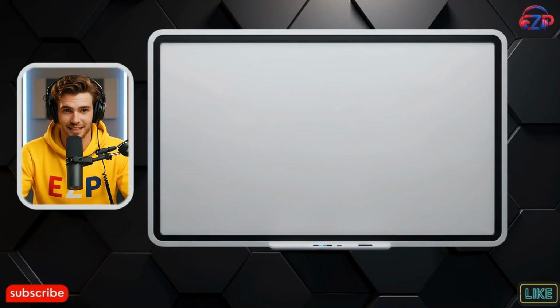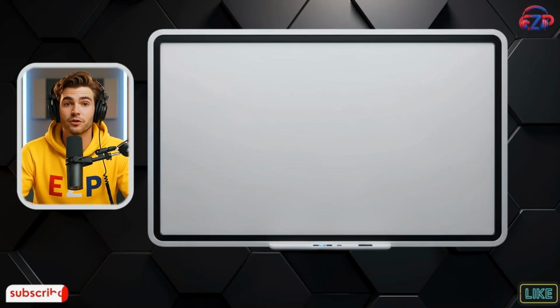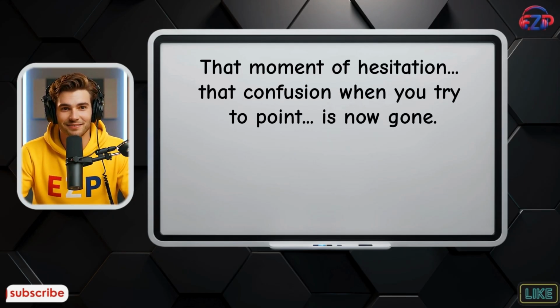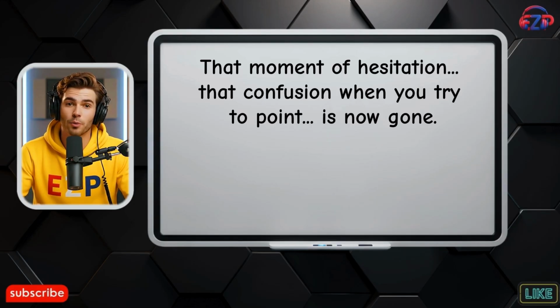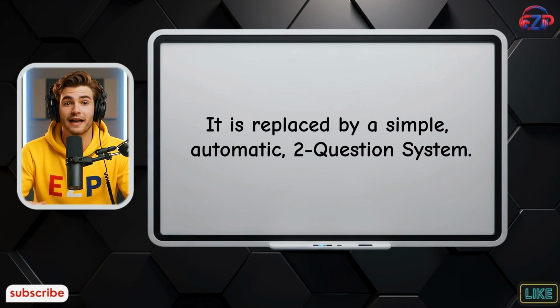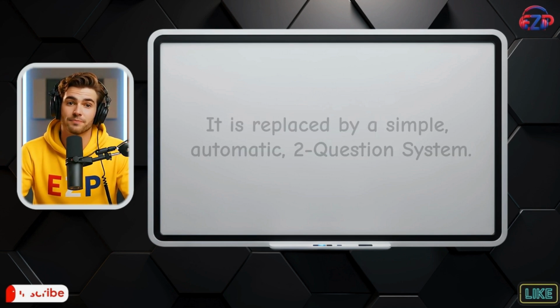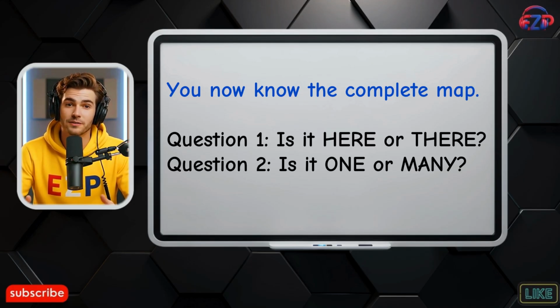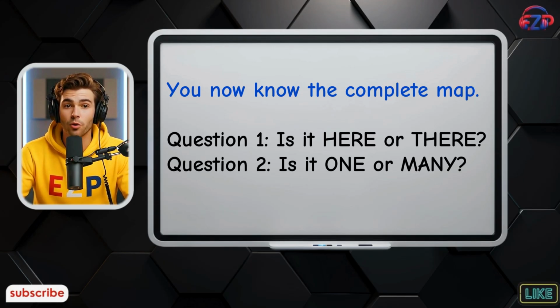That's it. The entire system is just those two questions. That moment of hesitation, that confusion when you try to point, is now gone. It is replaced by a simple, automatic, two-question system. You now know the complete map. Question 1. Is it here or there? Question 2.